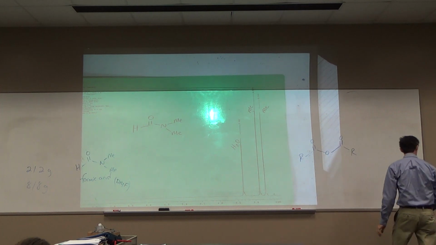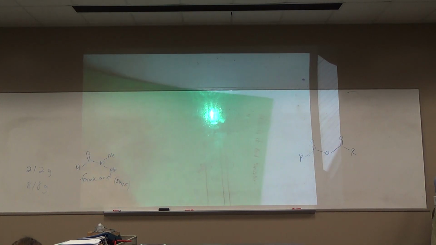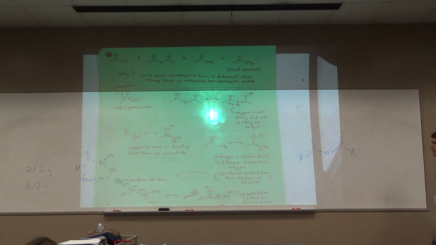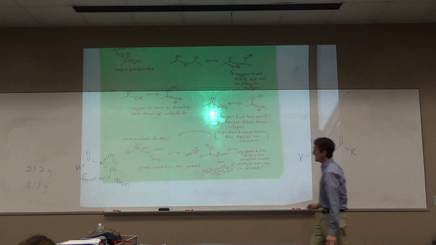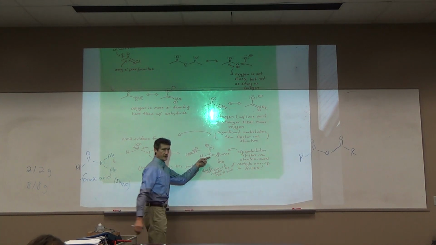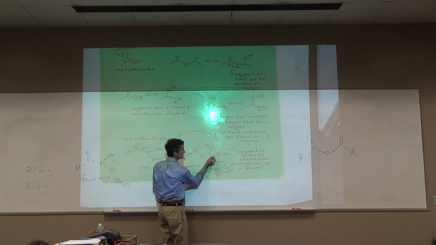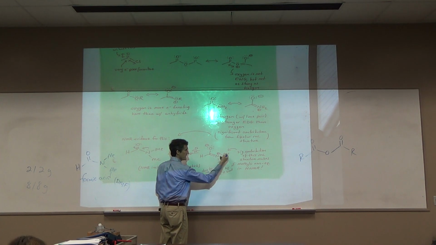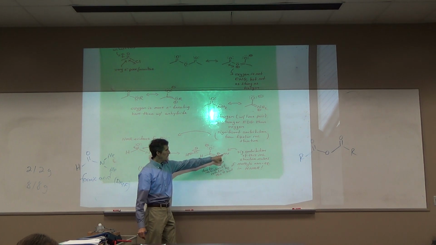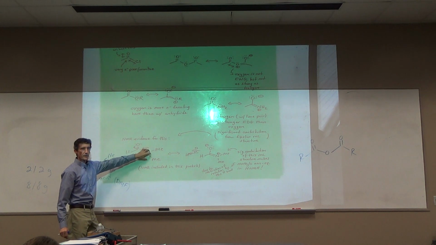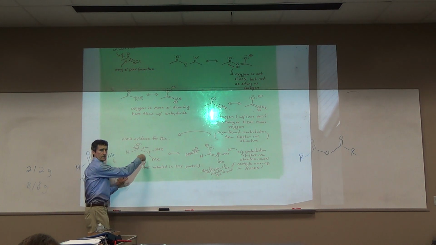Why are they not equivalent? That's because this resonance structure here is a major contributor. There's lots of double bond character here, and that's going to keep this from rotating. Now, one methyl is cis to the oxygen, the other methyl is trans. They're only equivalent if there's free rotation.